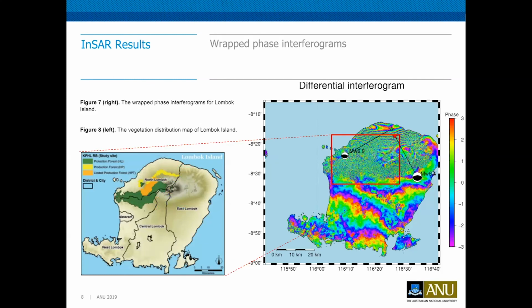If we zoom in to the Lombok region, we can see the quality of the interferogram was not bad, but we can find noisy areas which are the result of low coherence. If we combine these low coherence areas with the vegetation distribution map, we can see that the reason for this incoherence is mainly that these areas have dense vegetation cover.